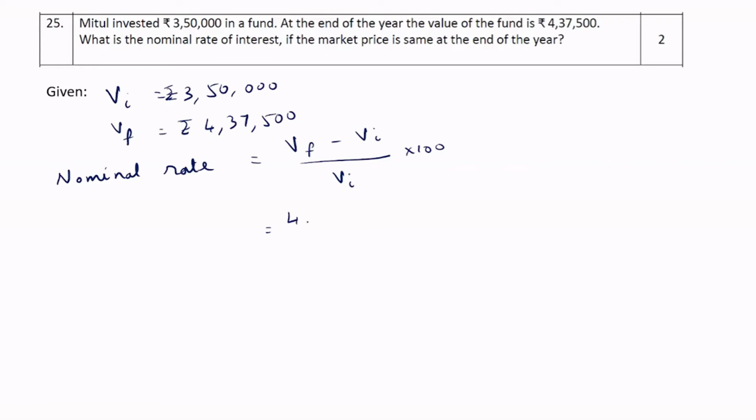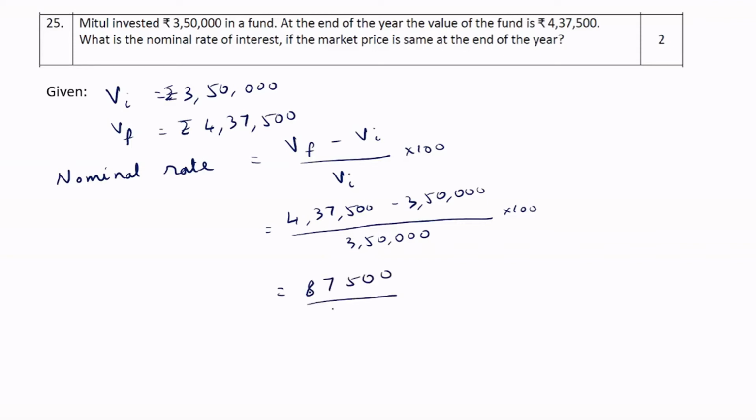So this is 4,37,500 minus 3,50,000 divided by 3,50,000 into 100. So this is 87,500 upon 3,50,000 into 100.